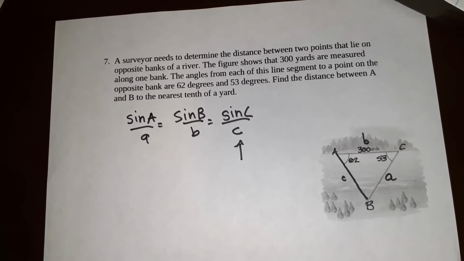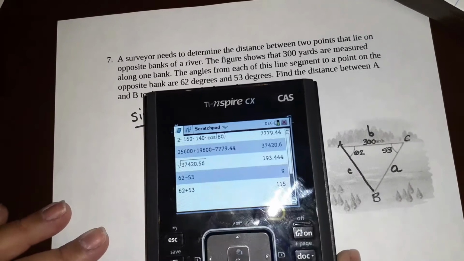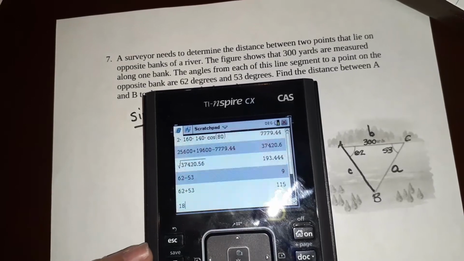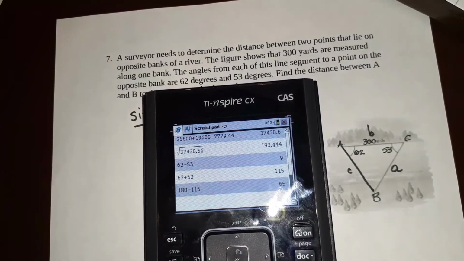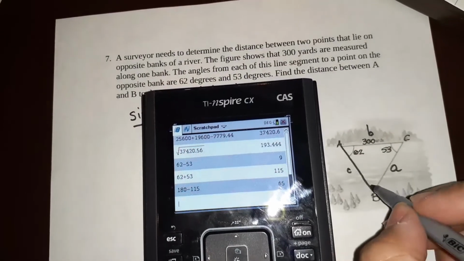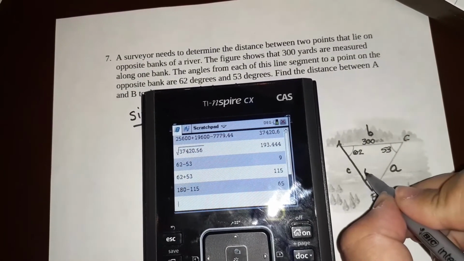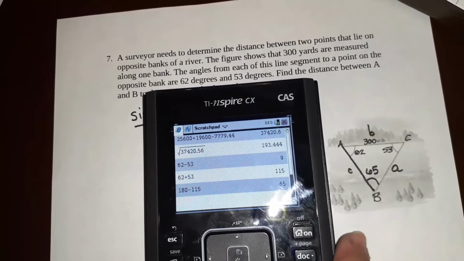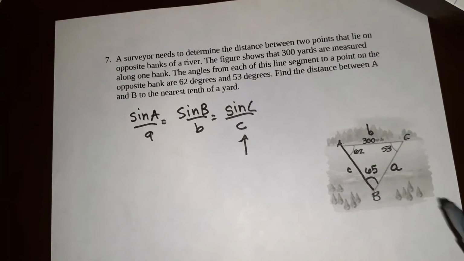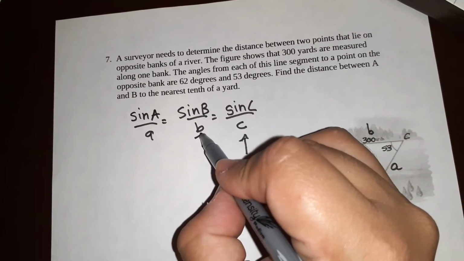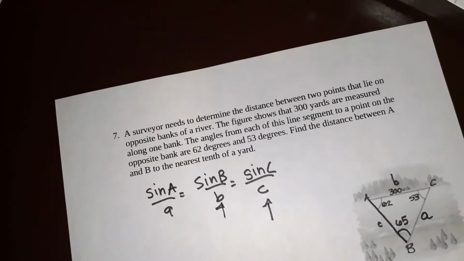So 62 plus 53 will give me 115, and 180 minus 115 will give me 65. So I know that this angle is 65. So now I have this one complete. So I know I'm going to use these two.